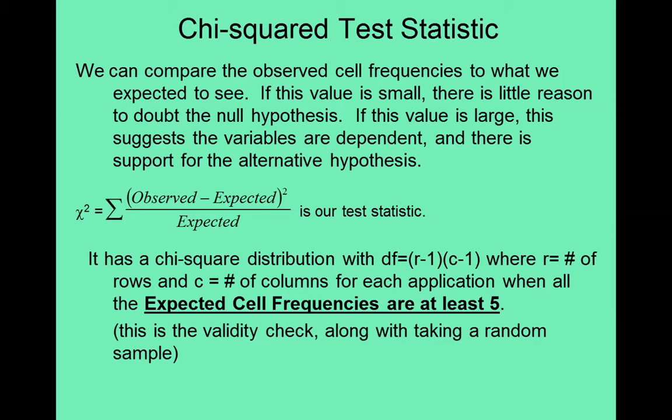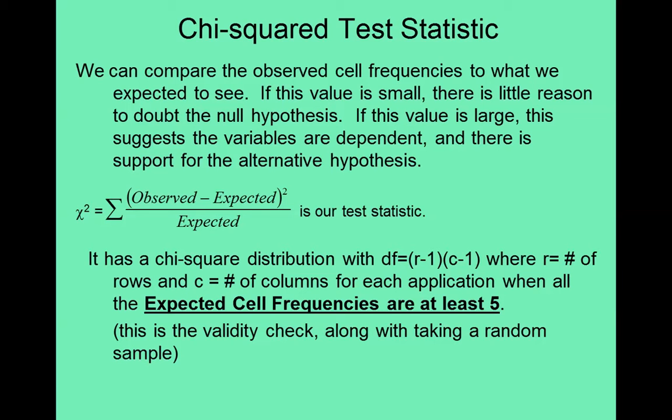This has a chi-square distribution with what is called degrees of freedom, written df, which equals (r minus 1) times (c minus 1), where r is the number of rows in your table, not including the total, and c is the number of columns in the table, again, not including the total column.